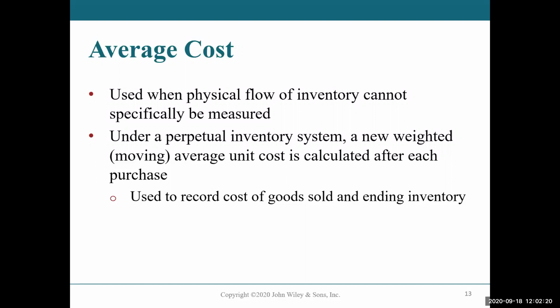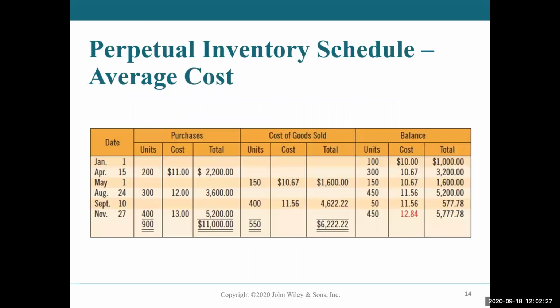When the goods are sold, we apply the last average cost that was calculated. So this is what your perpetual average cost calculation is going to look like. It's the same data, but with a different way to calculate.